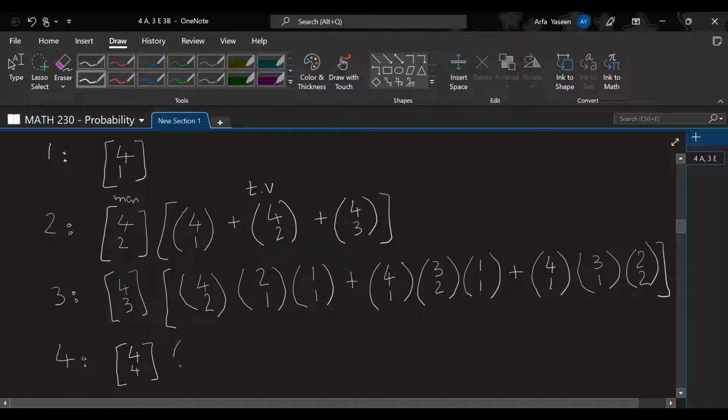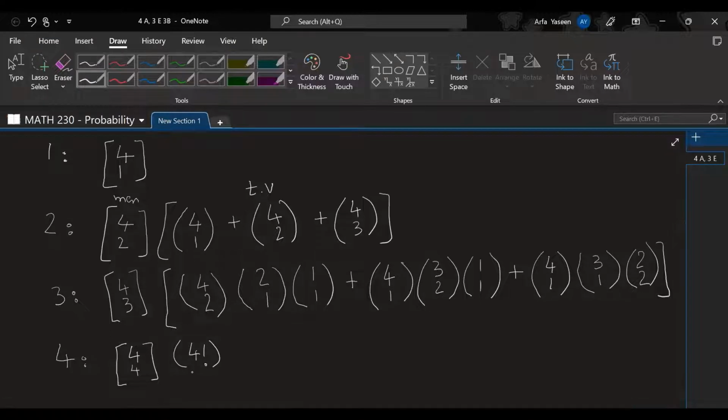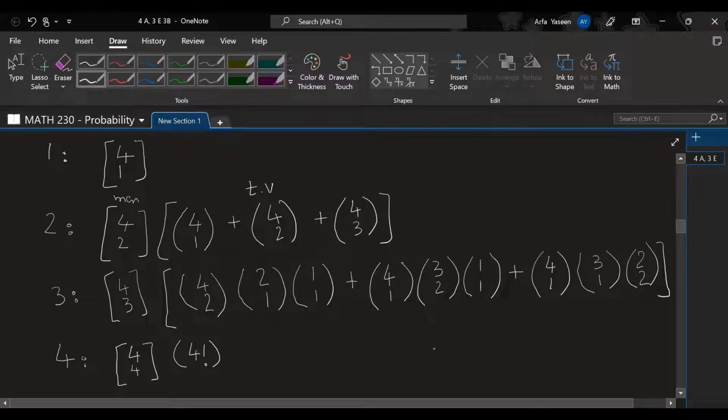And then there's only like 4 factorial ways for the TVs to be chosen for the 4 men, right? Like, first, there are 4 possibilities to assign. Then there are 3 TVs, then there are 2 and then 1. These are all possible ways कि किस तरह से मैं divide कर सकती हूँ.